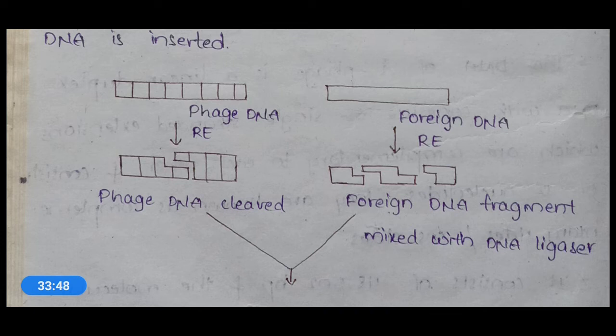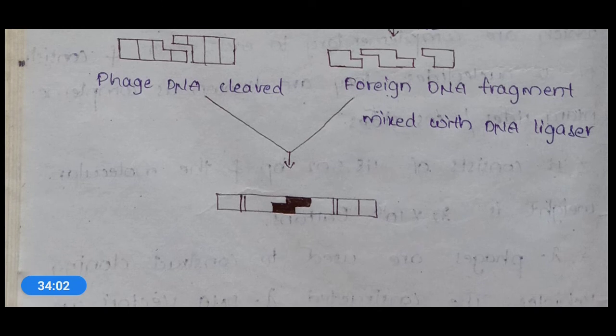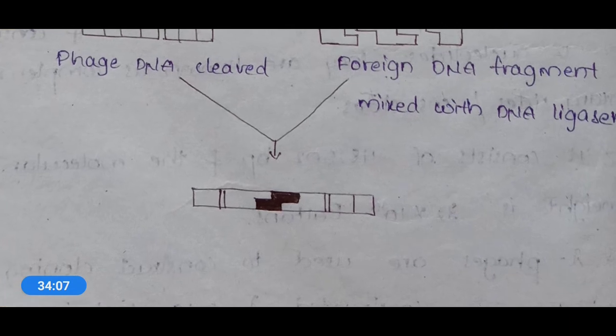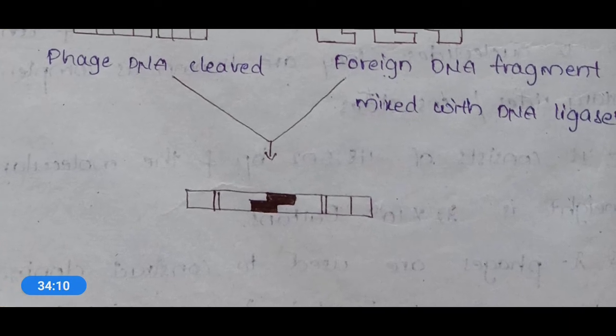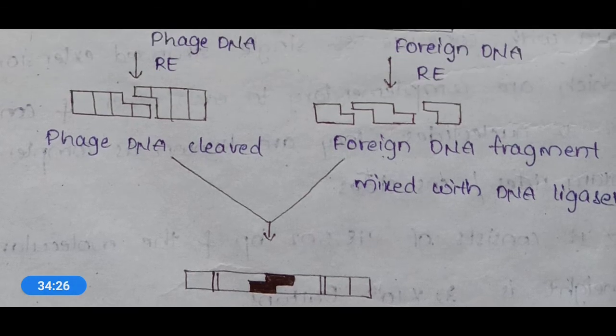Whatever foreign DNA fragment is present will be added to the phage DNA which was cleaved before. So finally we have the lambda insertion vector. This is how we develop lambda bacteriophage insertion vectors.